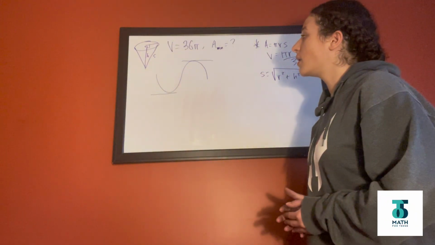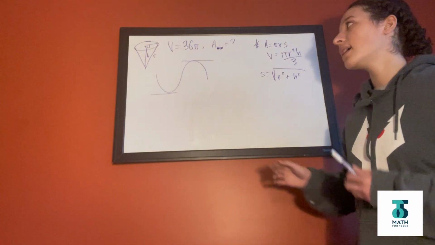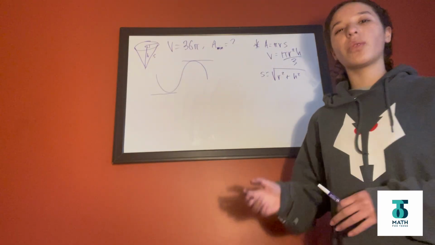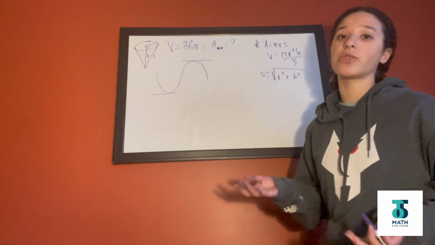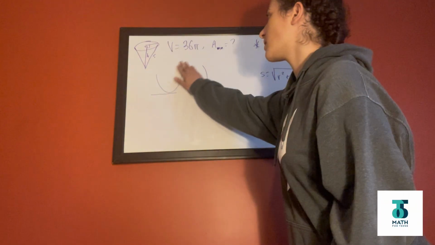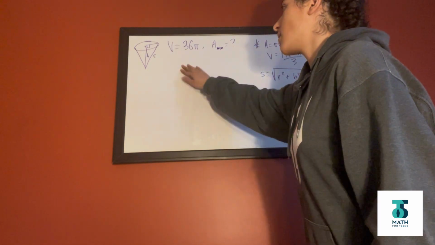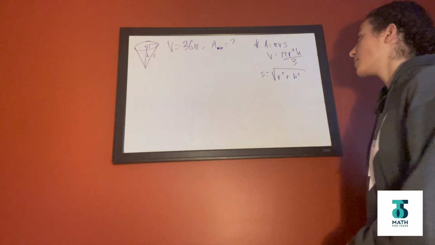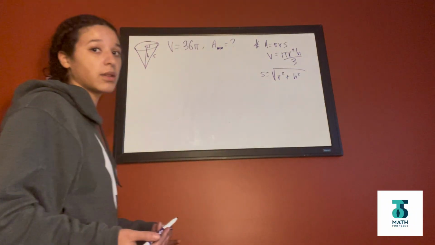So I need to first check for all points where the derivative is equal to 0, and then if I get more than one, I'll check whether each is a maximum or a minimum. I'll use the second derivative test for that. But the first step is just to find the points where the derivative is 0. So that means I'm going to be differentiating A.